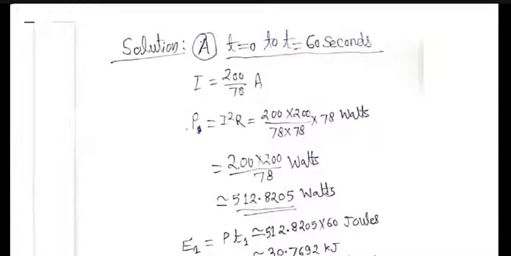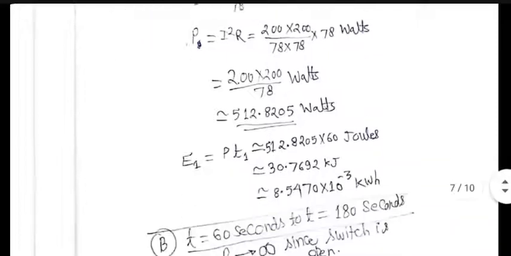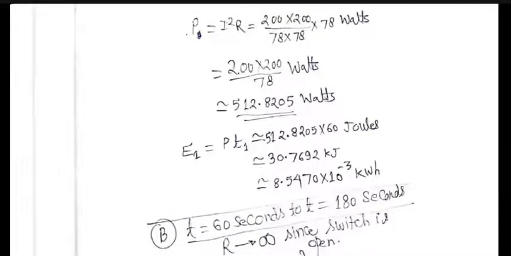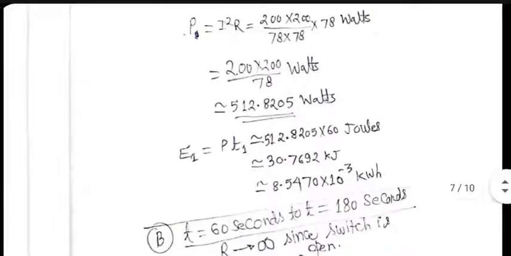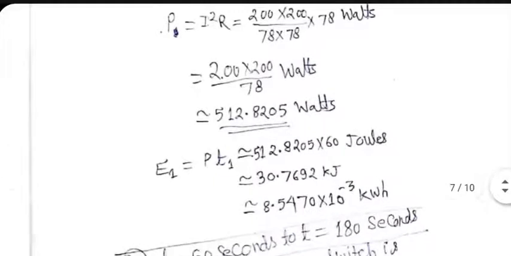Power is same as we got in the previous problem, multiplied by time in seconds to get the energy consumed in joules over the first part. And of course, you can convert the answer in kilowatt hour also using the well-known formula.